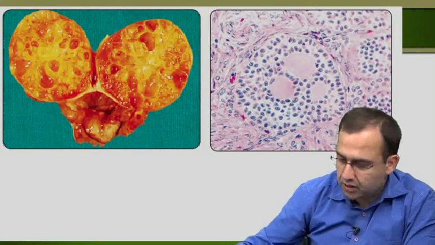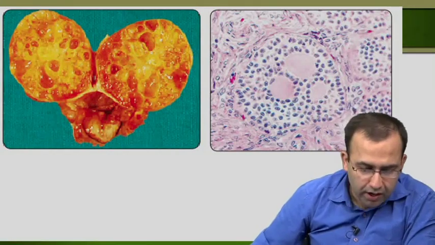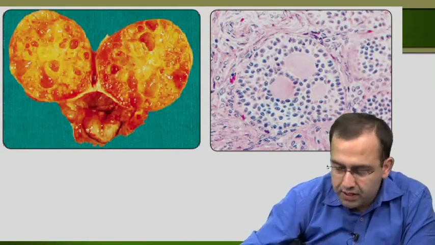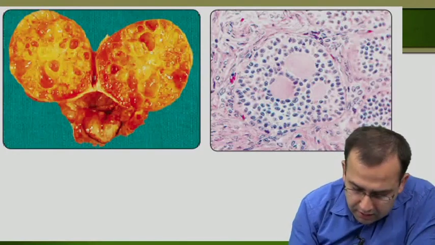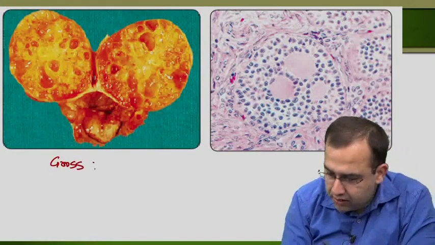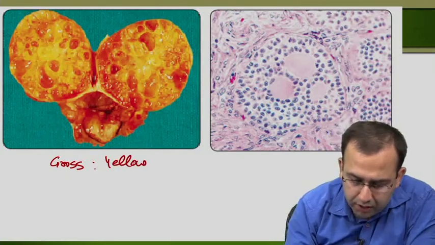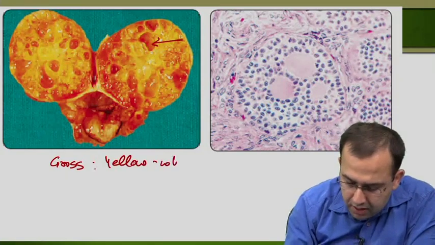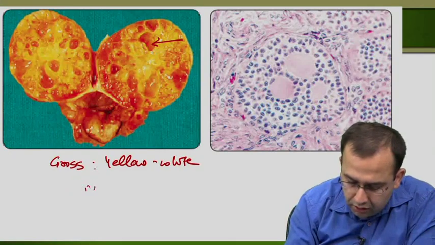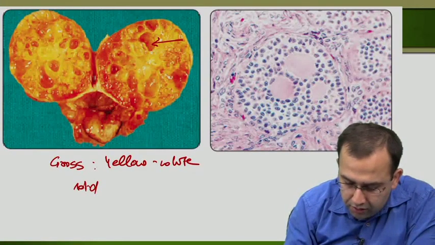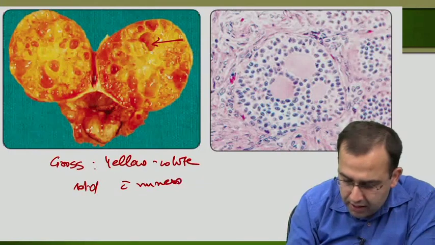Next, diagnosis. This is question number 24. What you see in this, the first is the gross image, which is showing you a yellow white solid tumor with numerous cystic areas.